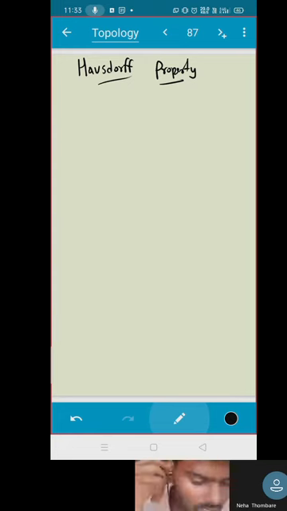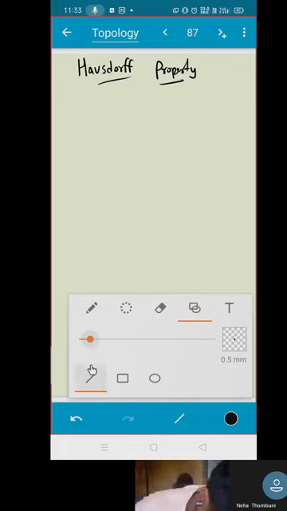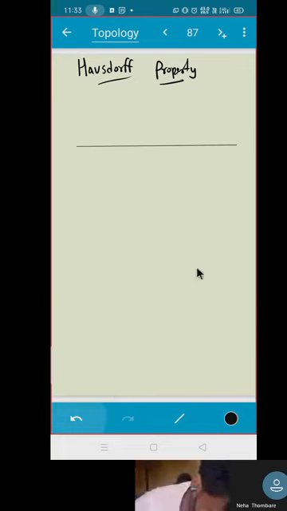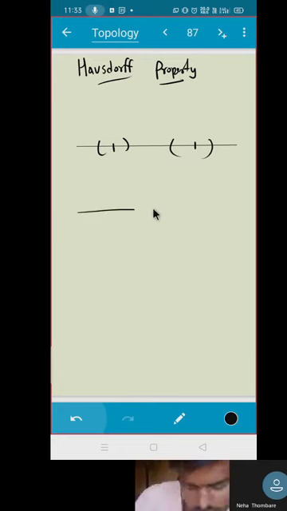Very nice. In the case of R, it was quite simple. If you have two points, they are distinct, correct? I can have two distinct neighborhoods for them, isn't it? Even if it is much closer to this guy, I can have open balls for both of them which are disjoint. So this is your Hausdorff property.